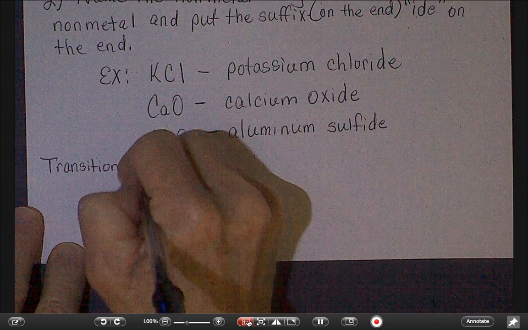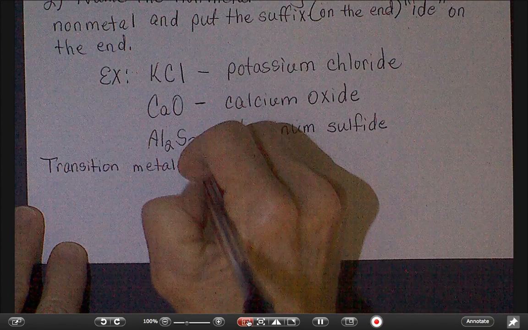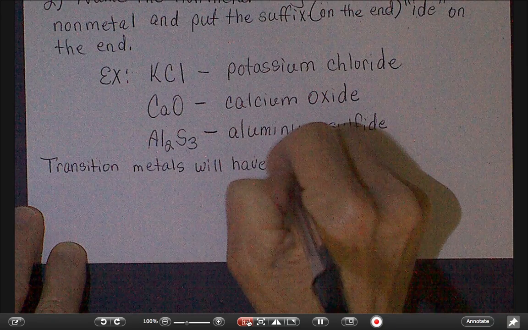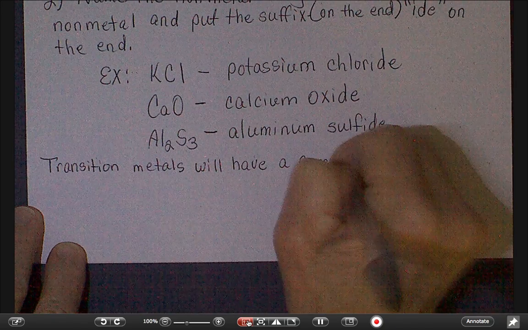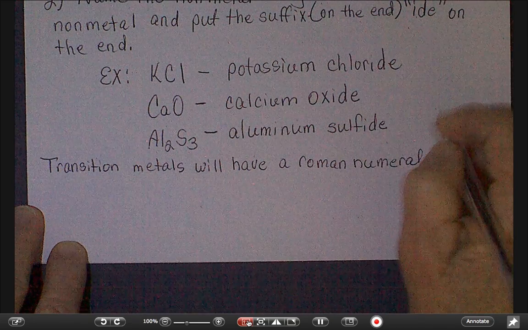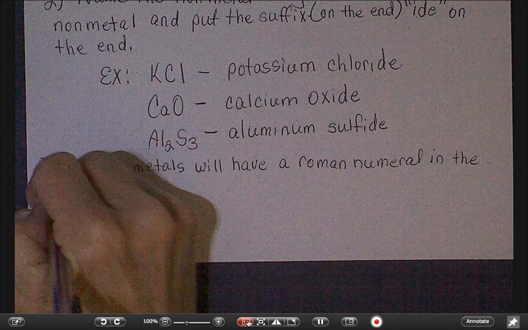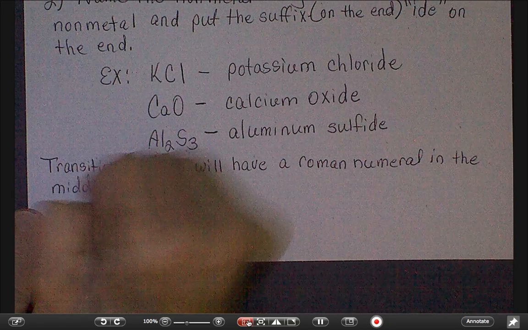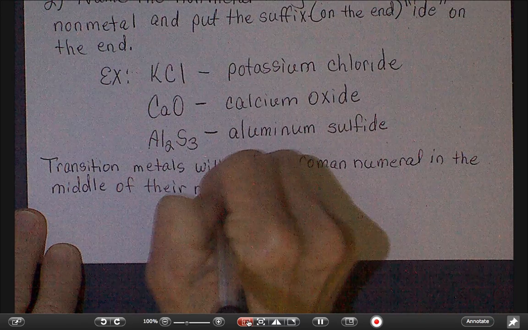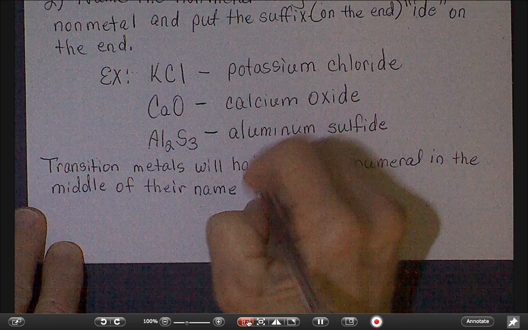Transition metals will have a Roman numeral in the middle of their name indicating their ionic charge.